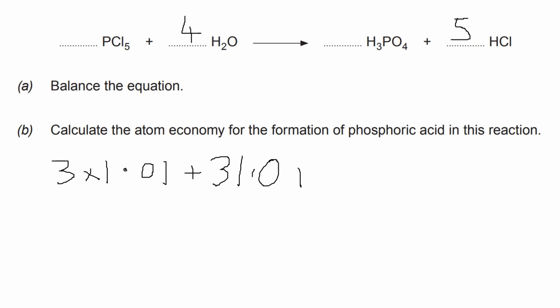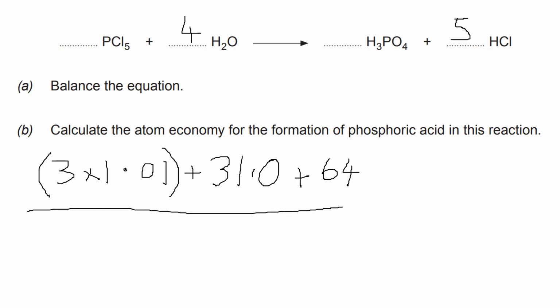And then you've got 4 oxygens here, which is 4 times 16, which is 64. So that's your phosphoric acid. And then you're going to divide it by whatever that is, plus the 5 HCl's.